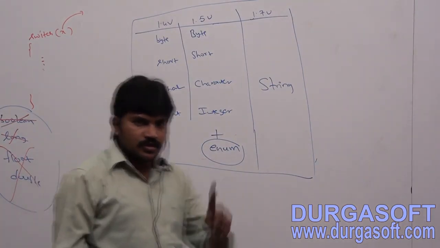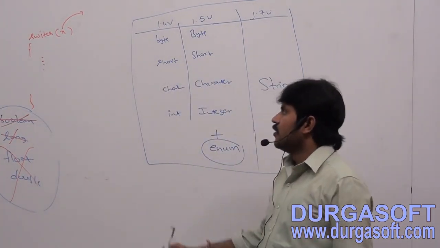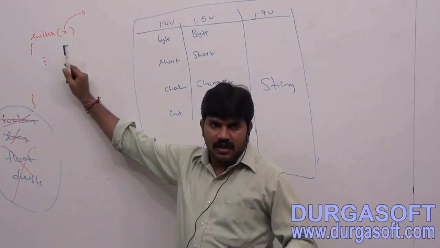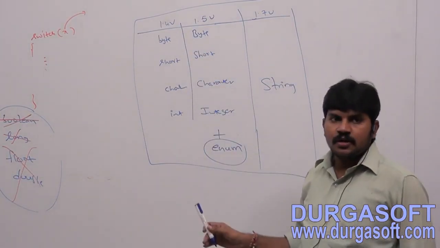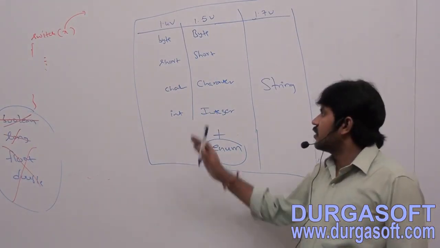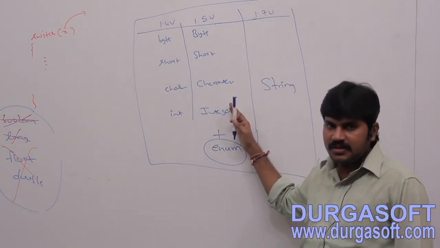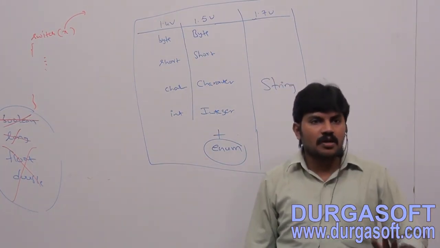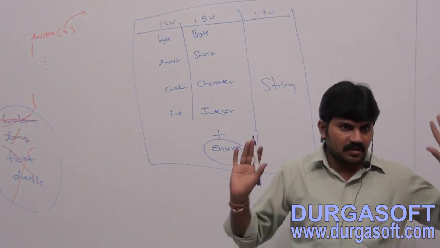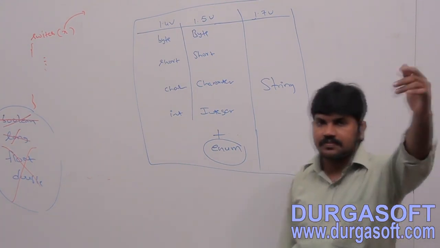So just one conclusion: which data types are allowed for the switch argument? Until 1.4 version: byte, short, char, int. From 1.5 version onwards, the corresponding wrapper classes and enum are allowed. From 1.7 version, string type is also allowed. Clear for all of you at this first point.